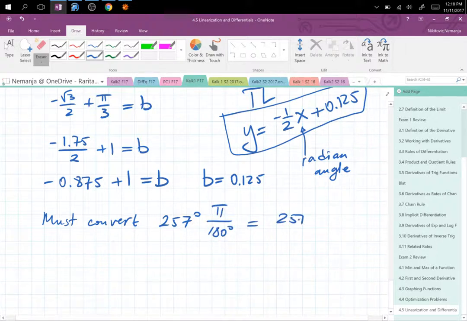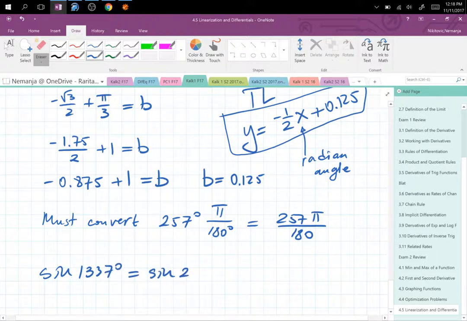So that's 257 pi over 180. Degrees cancel. So now you can say that the sine of 1337 degrees is the same as the sine of 257 degrees, which is equal to negative 1/2 times 257 pi over 180 plus 0.125.